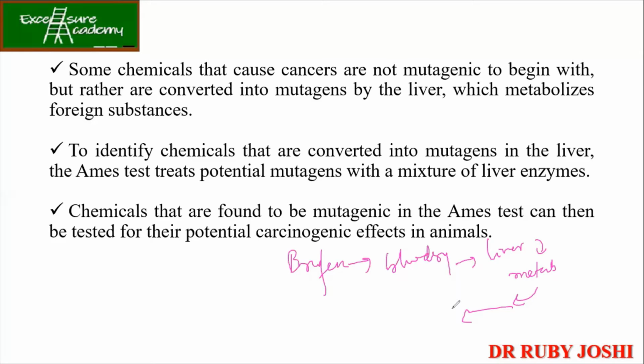Now when we come to drug manufacturing, what those people do is make sure that, for brufen, I'm just giving an example, I don't know right now whether brufen gets divided into 2 products or not. When brufen is metabolized in the liver, we need to check whether those products are going to be mutagenic or not.